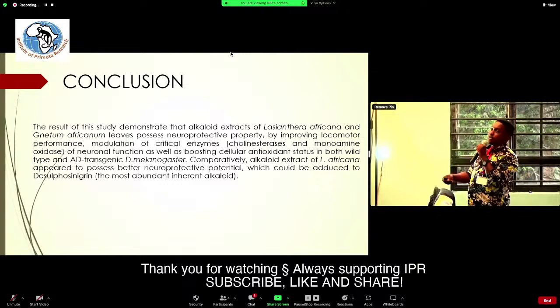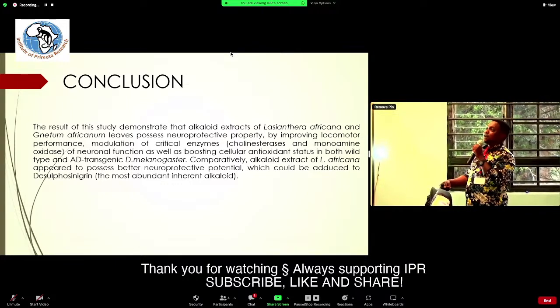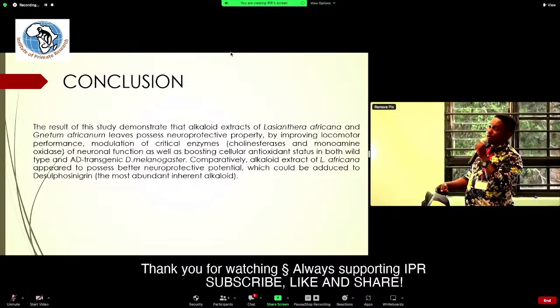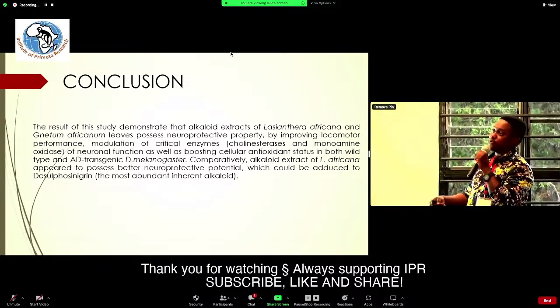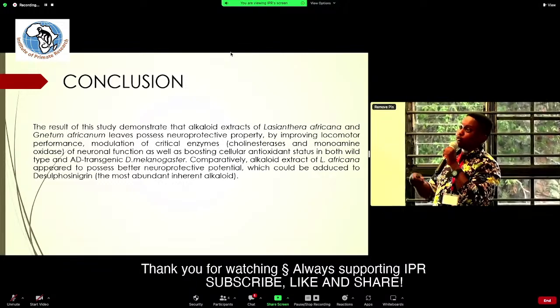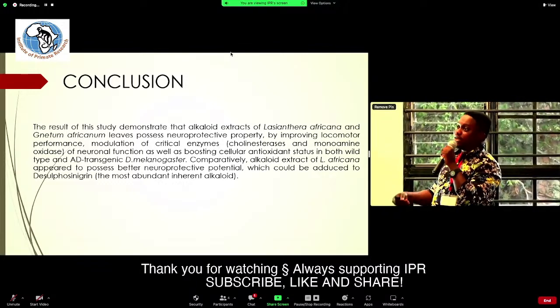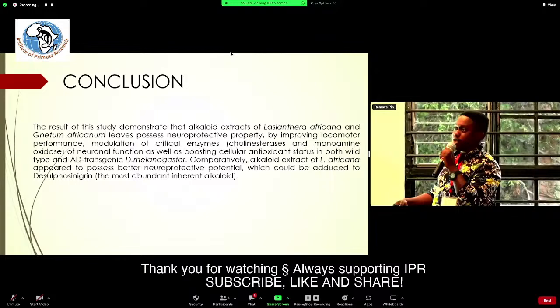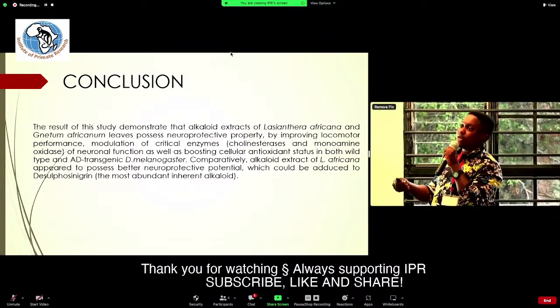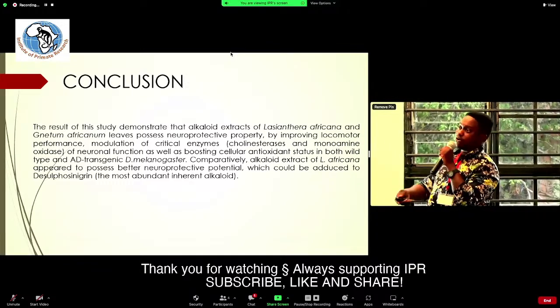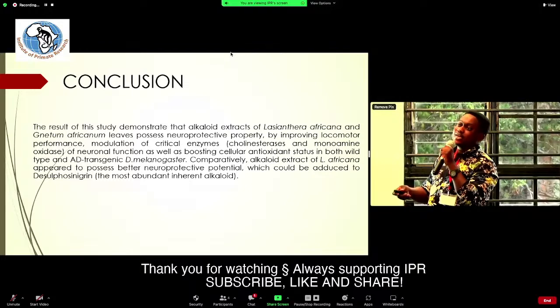So in conclusion, the results of this study demonstrate that the alkaloid extracts of Lacetera africana and Netum africanum possess outstanding neuroprotective potential by their ability to improve locomotor performance and modulate critical enzymes that are linked to neuronal function. Comparatively, the alkaloid extract from Lacetera africana possesses a better neuroprotective potential than its counterpart, Netum africanum, which could be adduced to the fact that it has desulfosinidrine.